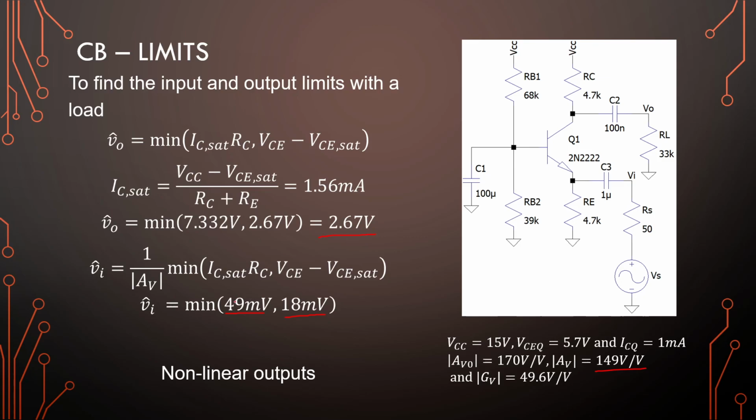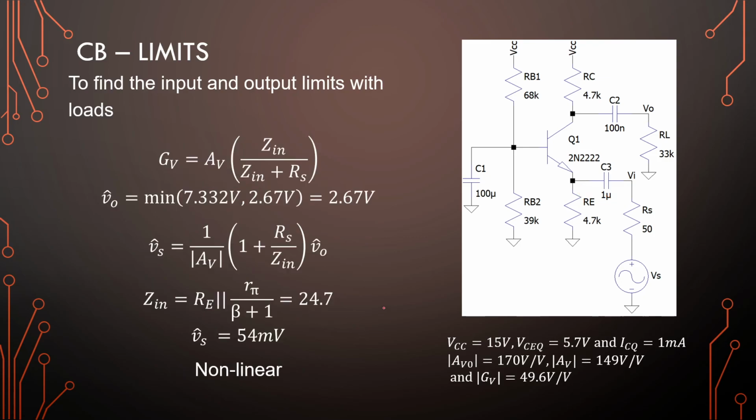And you can see that this is again very small input values. So the common base, remember, has a very small input impedance, and we need to use small source resistors with it. And that's going to be one of the big problems with our common base amplifier. Okay, so this one it will be clipping, this one will be non-linear but not clipping.